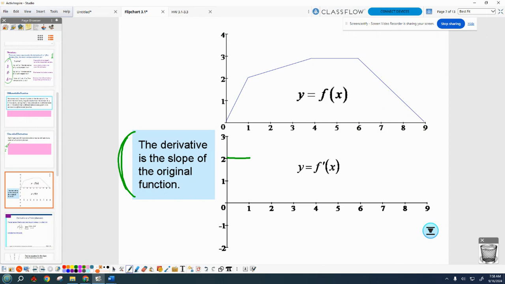What do I do at 0 and at 1? Should I put an open circle or a closed circle? Open. And the endpoints, it's kind of questionable.